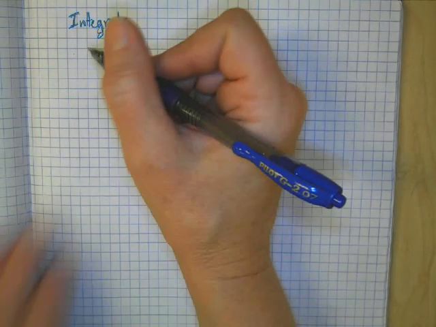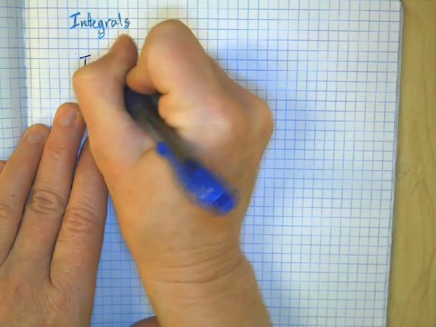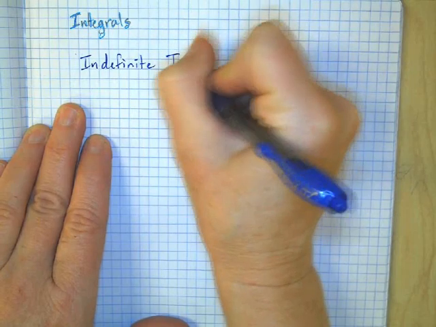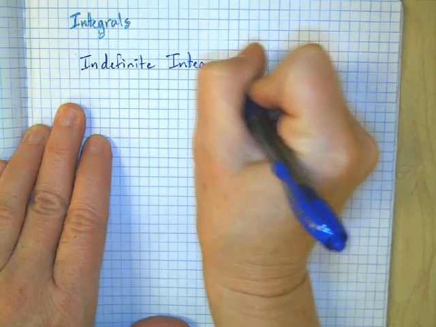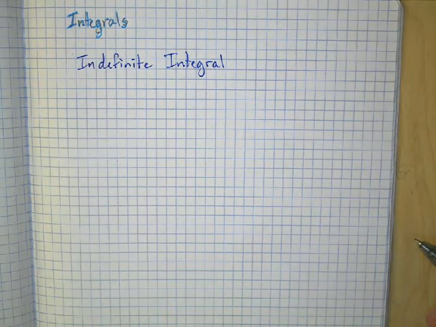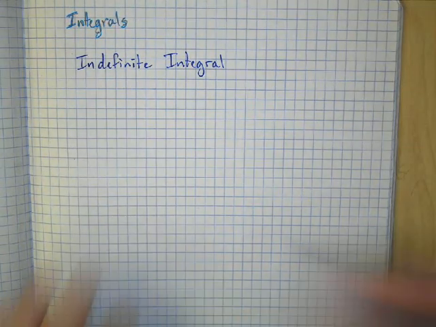So the indefinite integral is when you know the derivative and you're trying to find the original function.